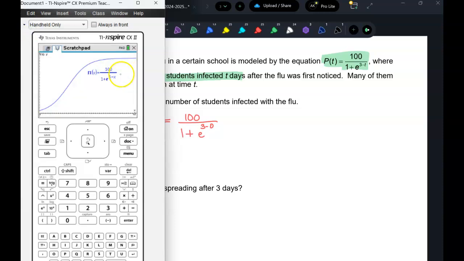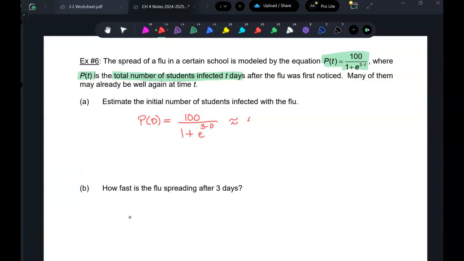We want to do graph, trace, and enter 0. It gives 4.74, so we're going to say about 5 students. How do you have 0.7 of a student? In math, we round to the nearest whole number if we're talking about students. Four or less, let it rest.